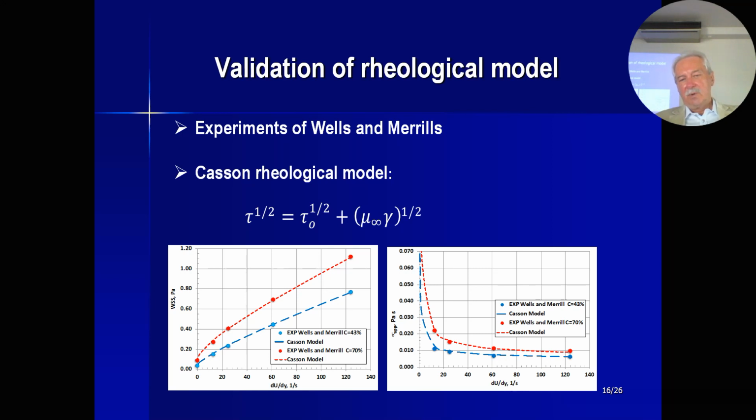The circle points show experimental data, while dashed lines show results of prediction using custom rheological models. If we consider non-Newtonianity in blood flow, we know there are several rheological models which predict pretty fine this rheology, but in my case, I chose custom rheological model, and the results you see on the screen, which are not bad.